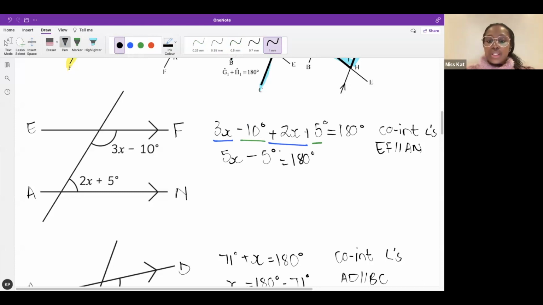Wonderful. And then we're going to take 5 to the other side. It's going to be 5x equals 180 plus 5. Then the answer is 5x equals 185 degrees.